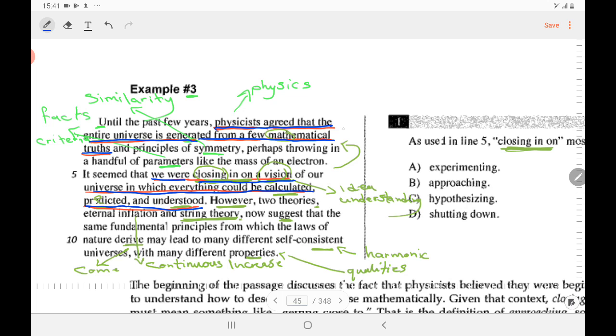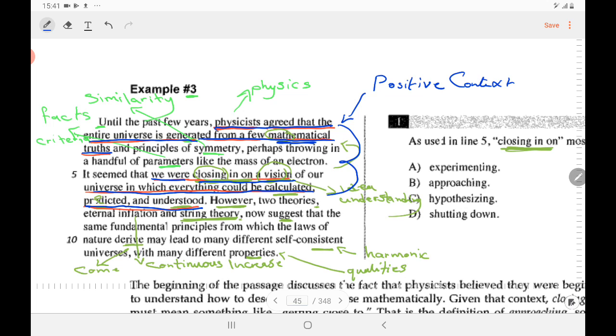Here, what we have is a very positive context. We are coming closer to a vision to calculate everything and understand and predict everything. And we can explain the whole universe depending upon mathematical truths or facts.